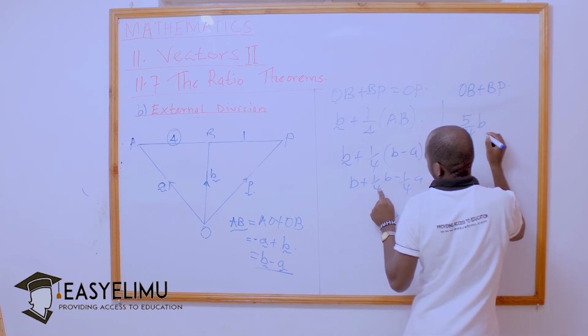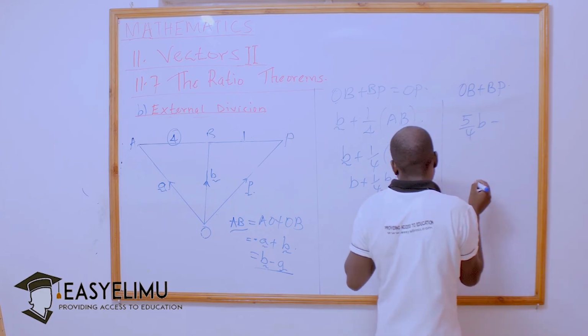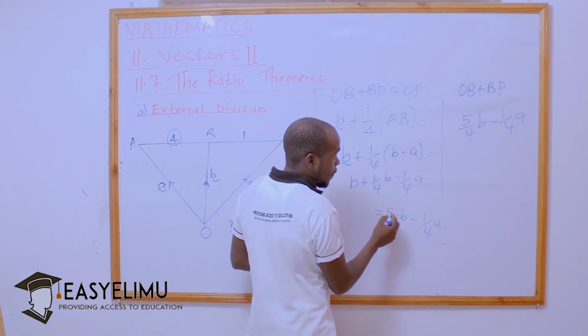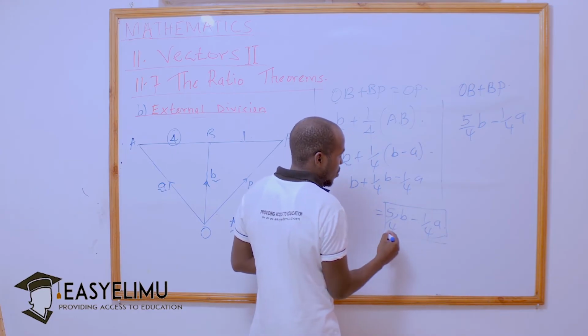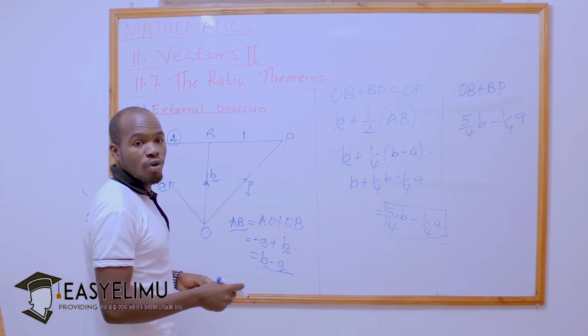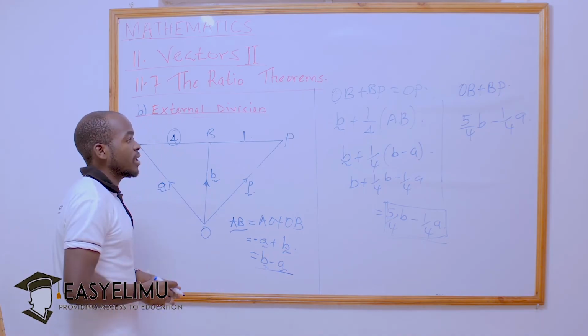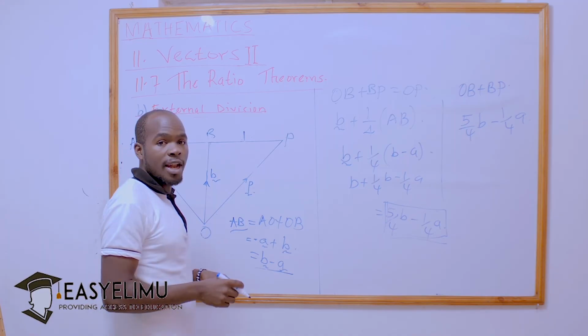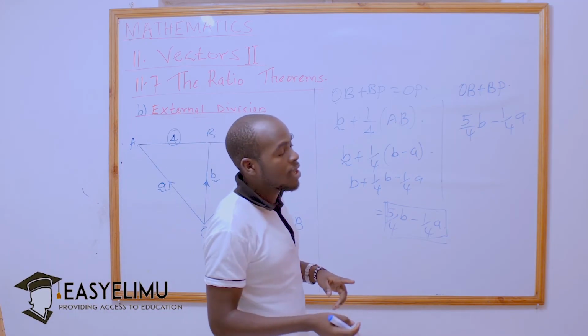So it will be 5 over 4 B minus a quarter A. And you will find that your answer is similar. So no matter the way you use or the route, the answer will always be the same. And we have seen that is how we do external division of a given line in a given dimension.